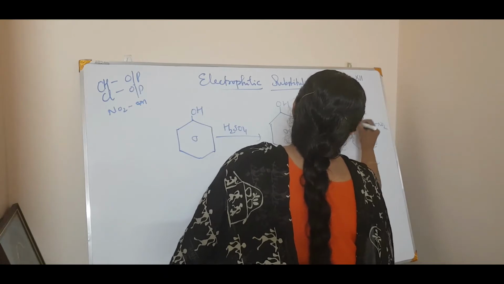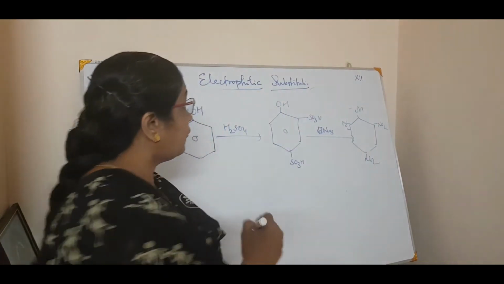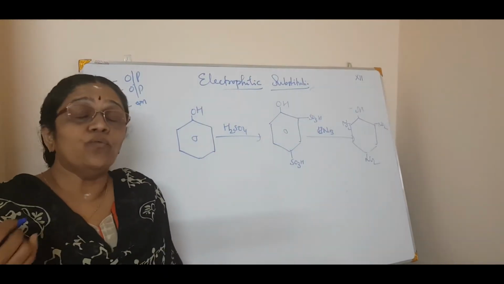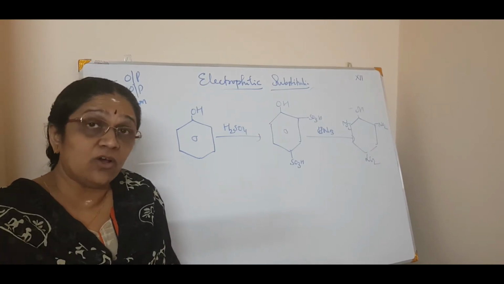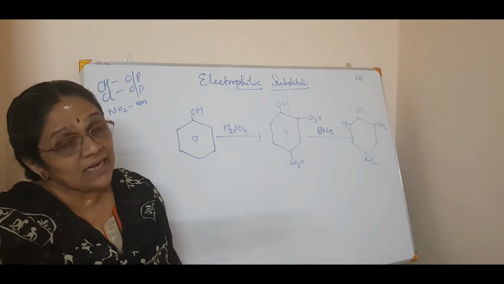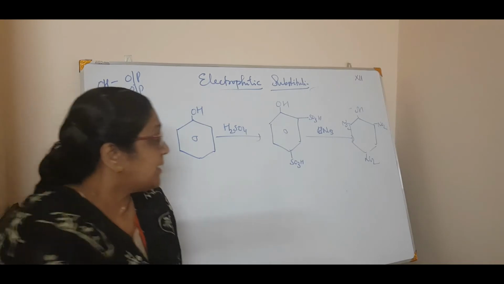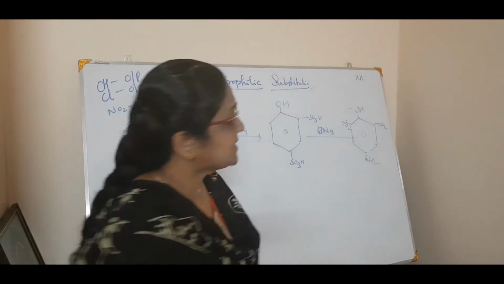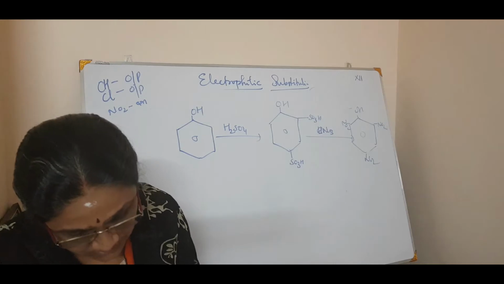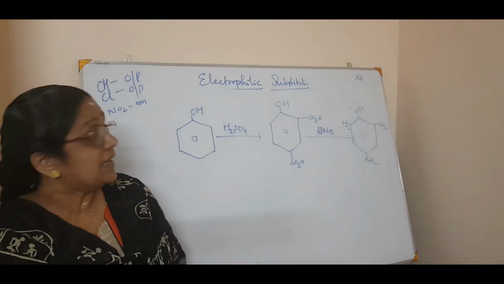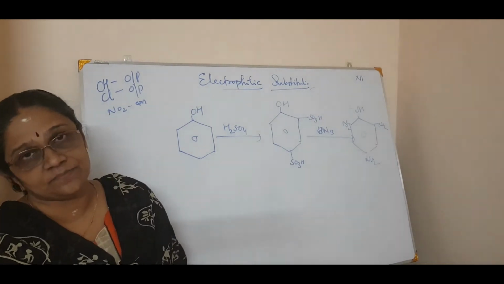So first you convert it into 2,4 phenol disulfonic acid, then you convert this into 2,4,6 trinitrophenol.